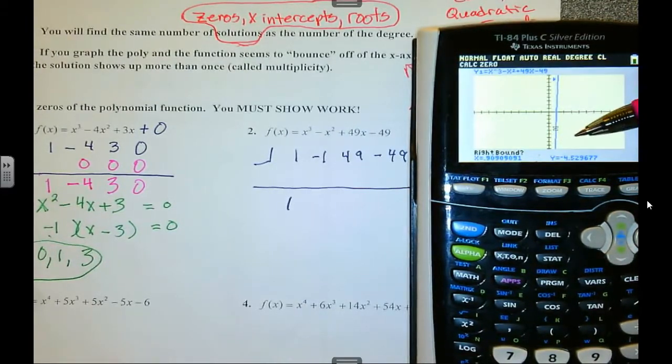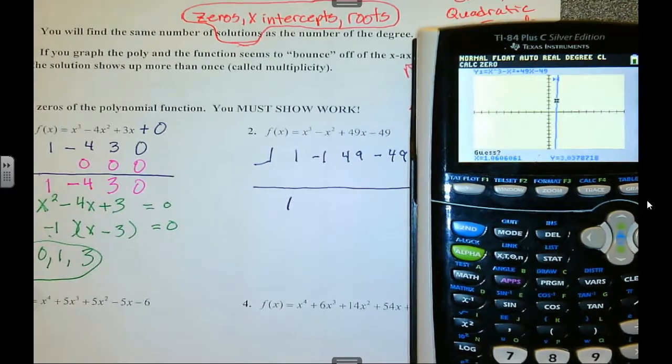Do you see your cursor now? Make sure your x is around 0.9. Because if it's less than 0.9, you're not going to see it on your screen. So get your x to somewhere around 0.9. When you look for your x-intercepts, you got to make sure you have one on the negative side and one on the positive side for your bounds.